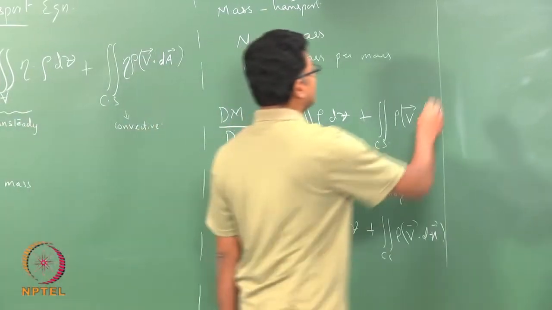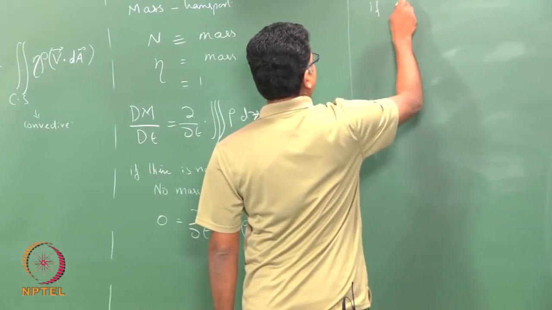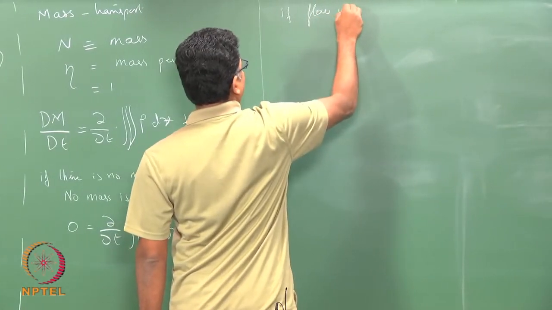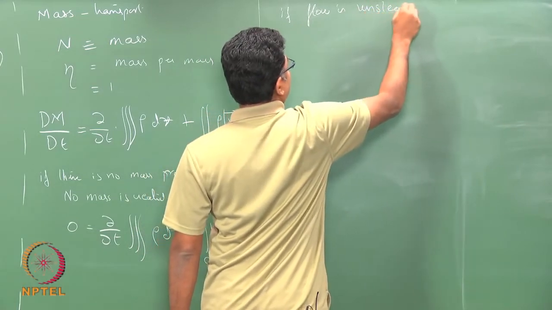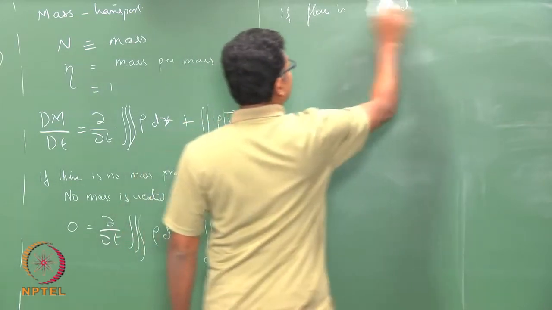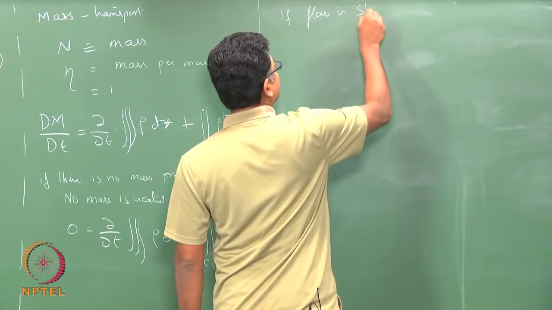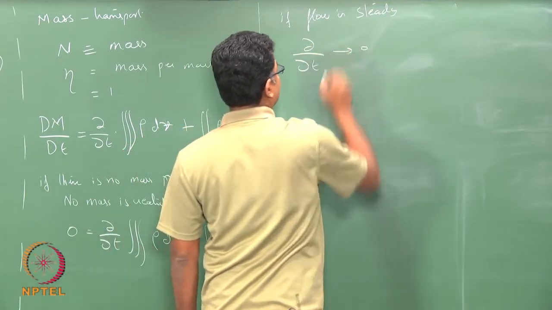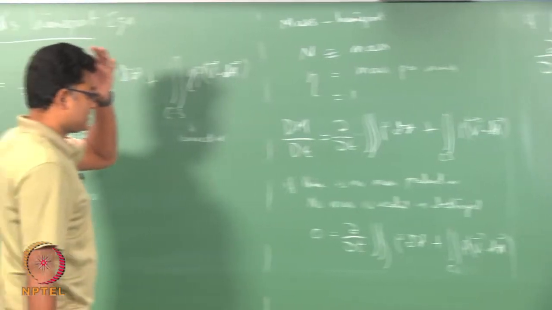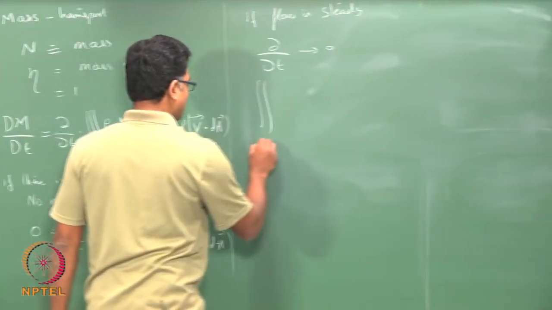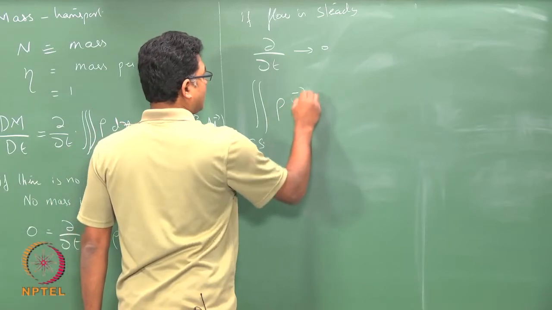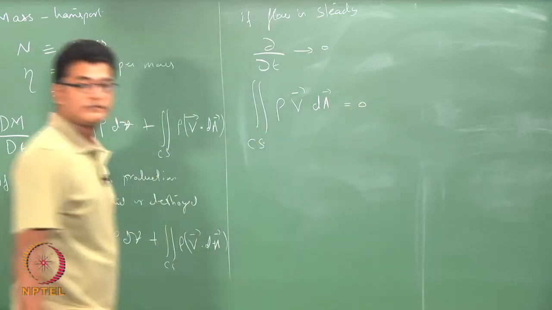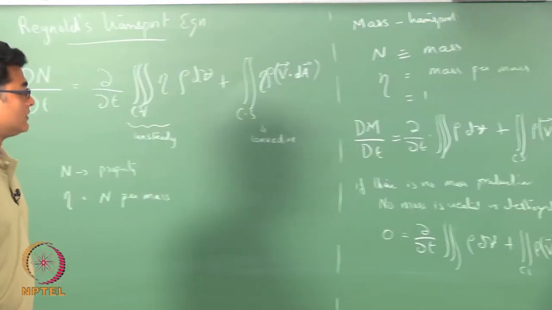So, if the process is steady, then your time derivative is 0, which means that the surface integral rho V dot dA is 0. So, what do I mean by that?